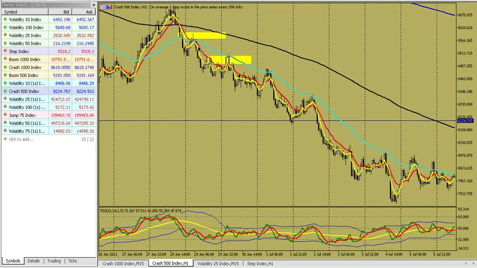So you see right here, after detecting the trend, guys, I have a series of bearish order flow. The market always drops and pulls back, drops and pulls back.